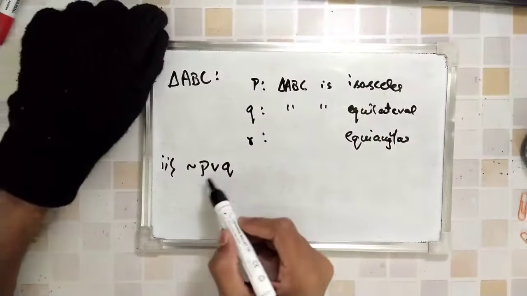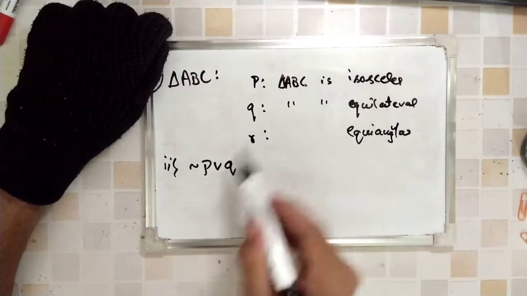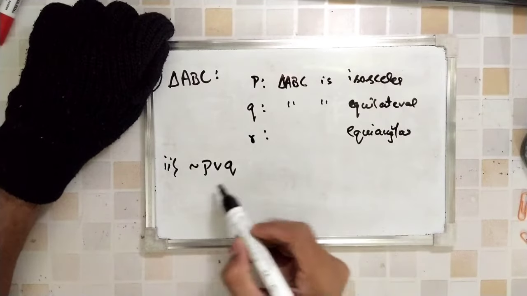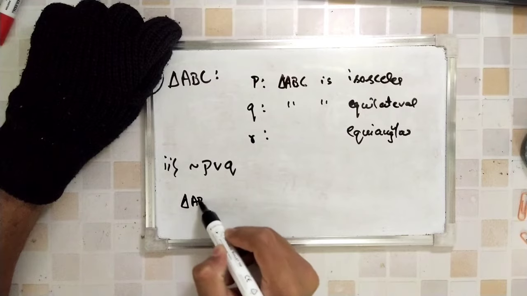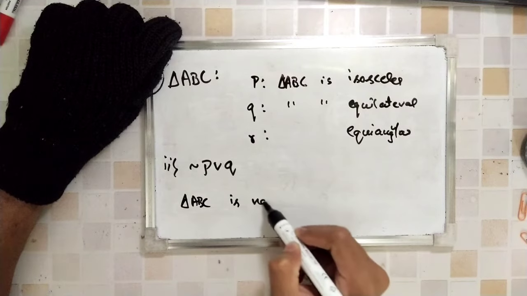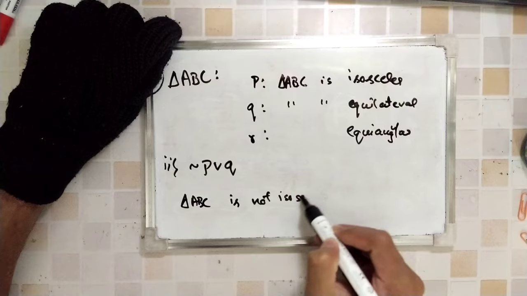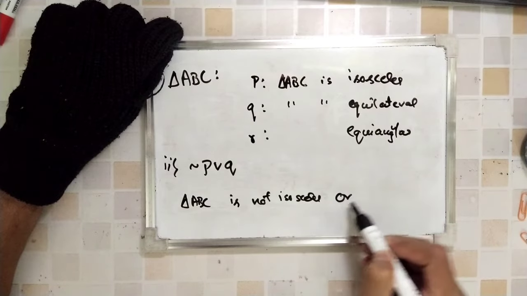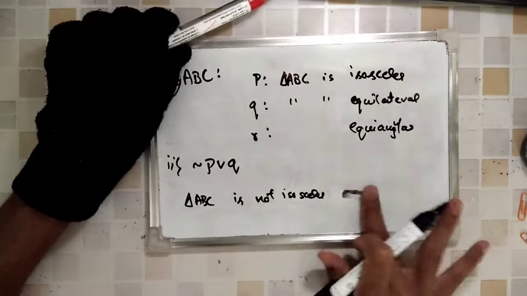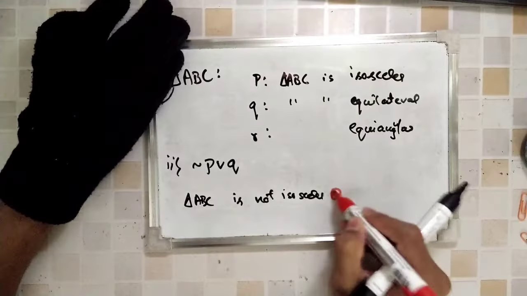So negation P or Q, so it is or. What is P? ABC is an isosceles triangle. So triangle ABC is not isosceles, or. Let me use a different color for this or.